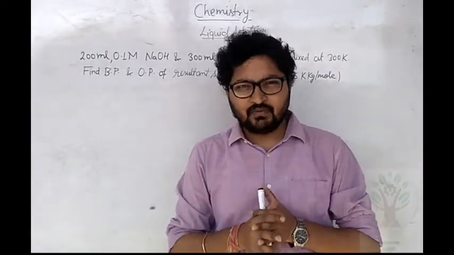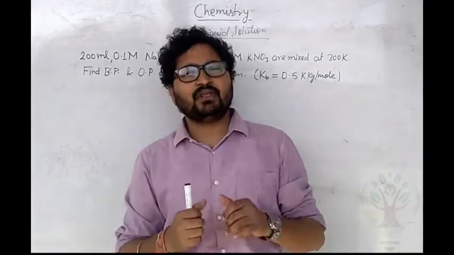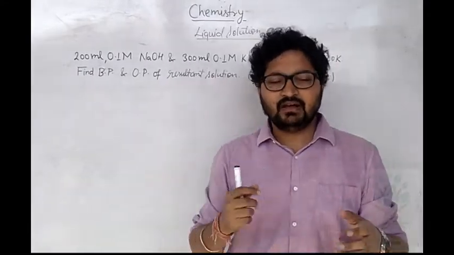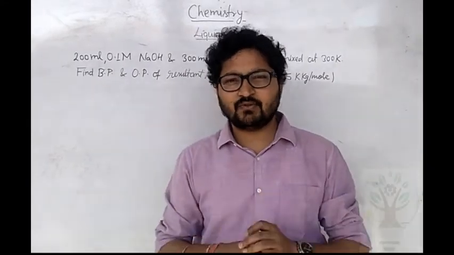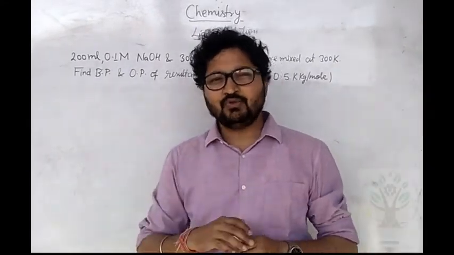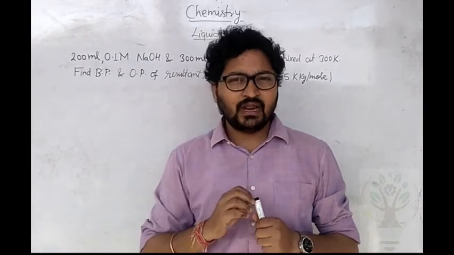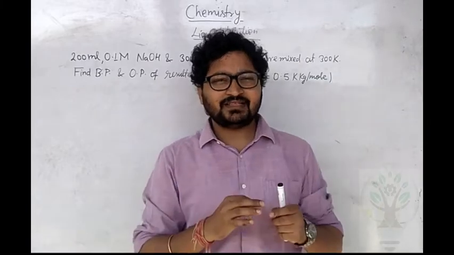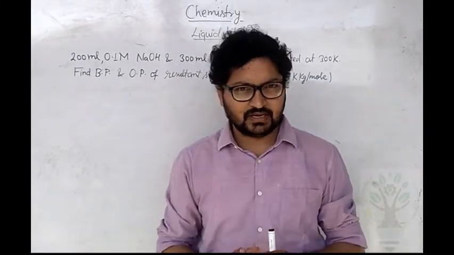Now, whenever this type of question arises, what should we do? Whenever we have mixing of more than one solution, of different types of solutions, in such case of mixing, our aim should be to find effective molarity or molality of solution. And in this, we must include association and dissociation as well.